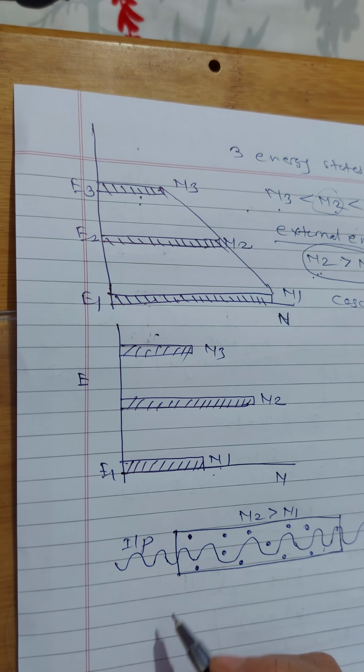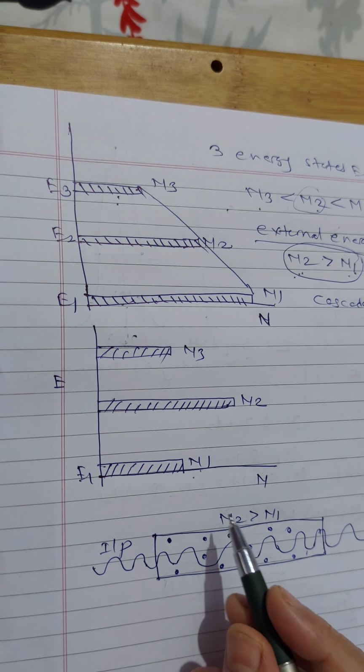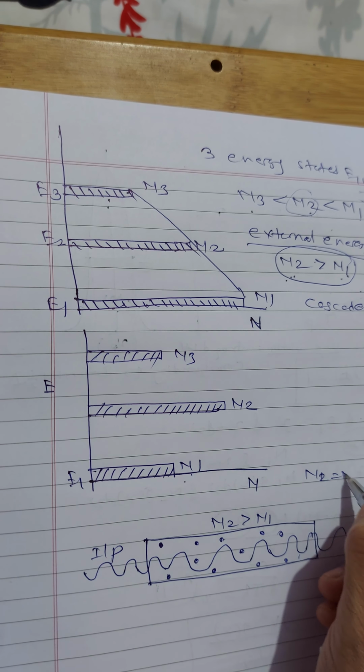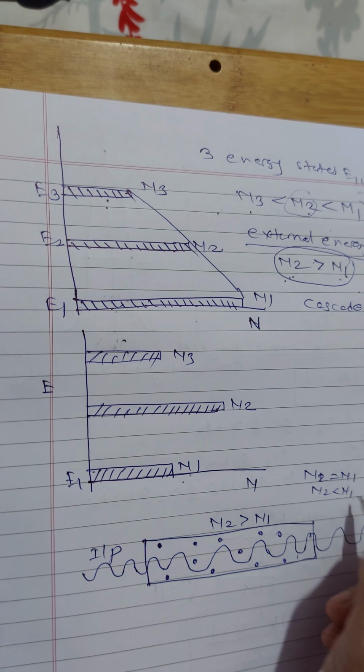So as soon as the population of the lower level becomes equal to, which means when N2 tries to come down to N1 or lesser than N1, correct?